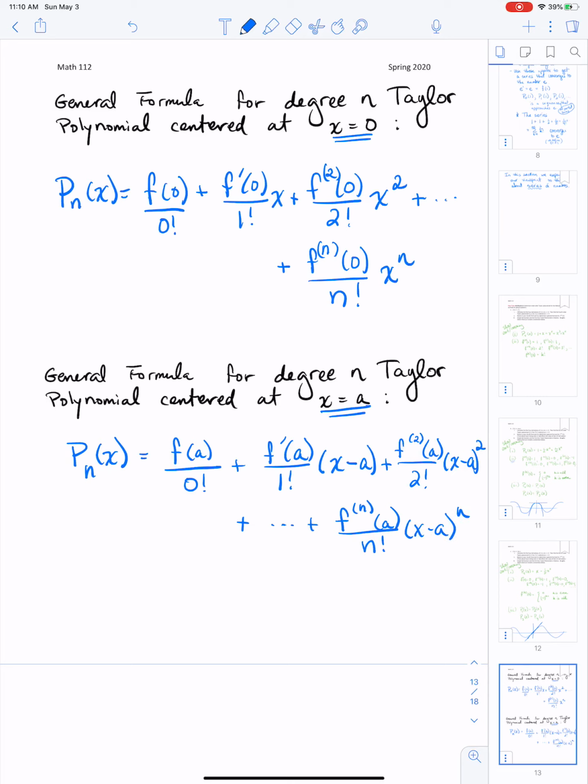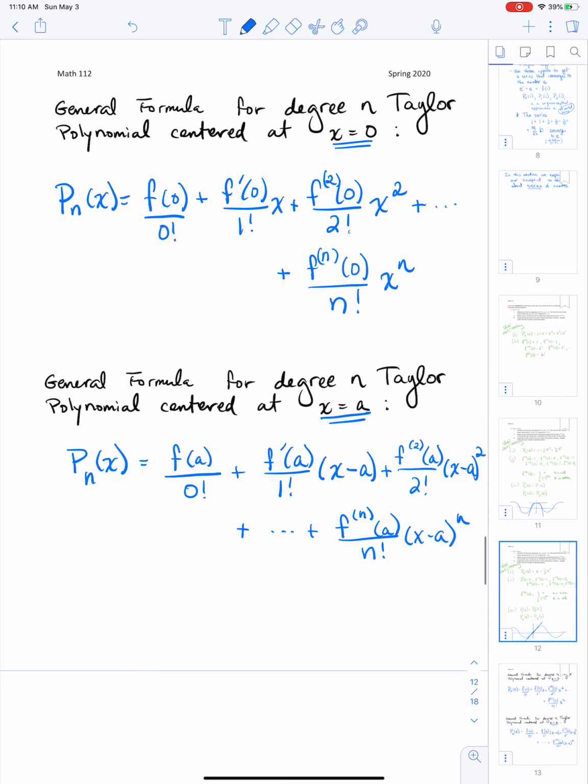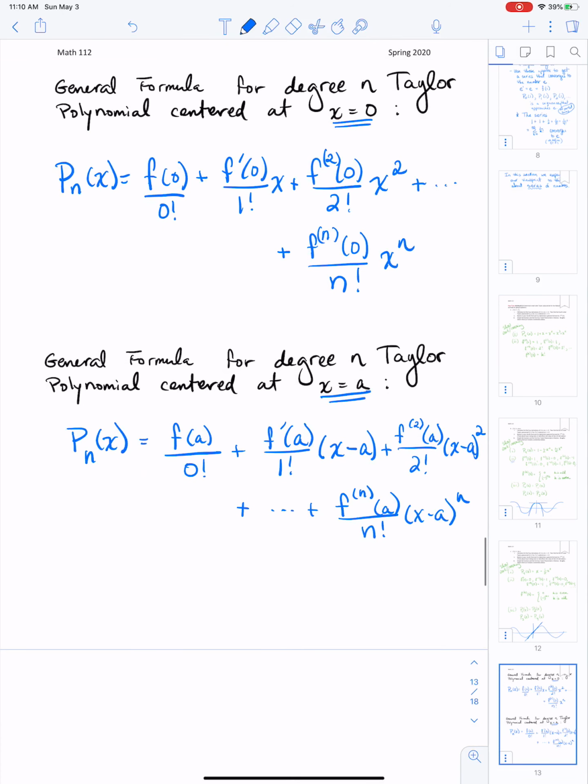And so you'll see that if we evaluate, for example, notice that P0 of x is equal to f of a. So P0 of a equals f of a, right? So the function values are equal.